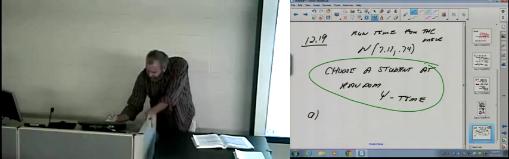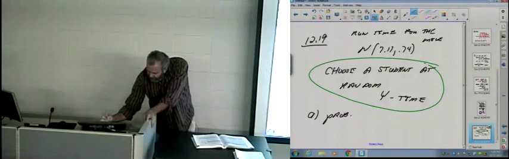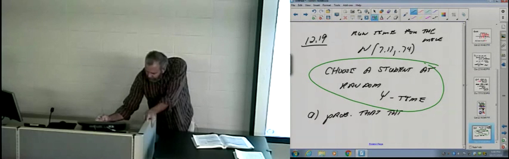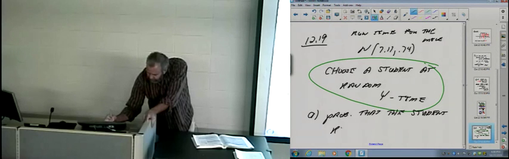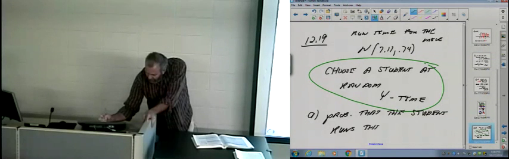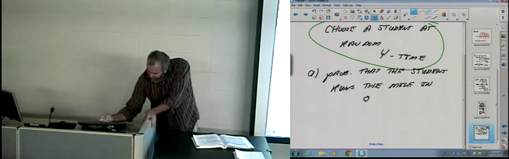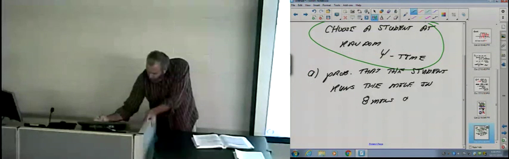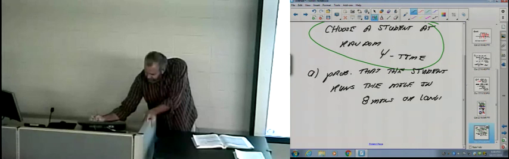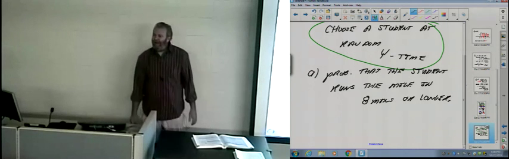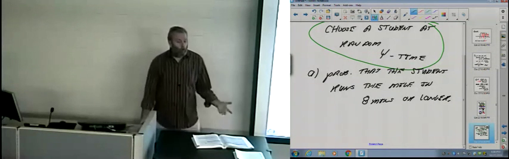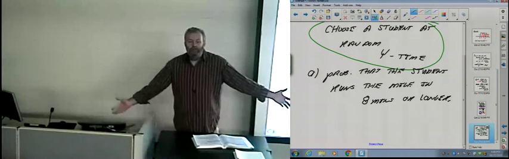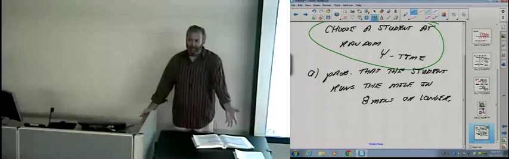You want the probability that the student runs the mile in 8 minutes or longer. Now, look, as long as you're telling me that they're running the mile in 8 minutes or more, at least 8 minutes, there's more than one way to write the English for these symbols.